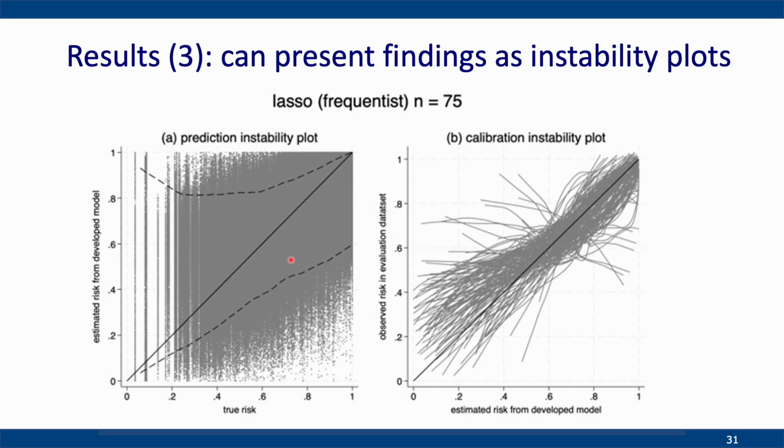So this is really exposing the problem that in the sample size of 75, there's so much uncertainty in actually developing a reliable model. Calibration performance that we'd anticipate in the target population is all over the place, and any developed model could give for any individual a prediction from 0 to 1. So really, we've got no confidence in a sample size of 75 that you're going to develop a reliable model for making individual level predictions.